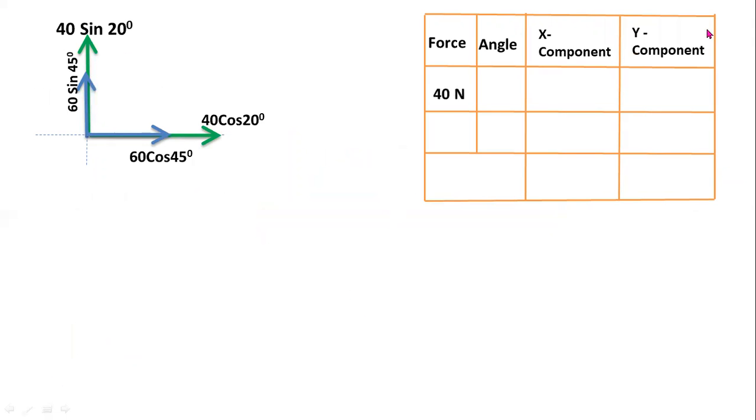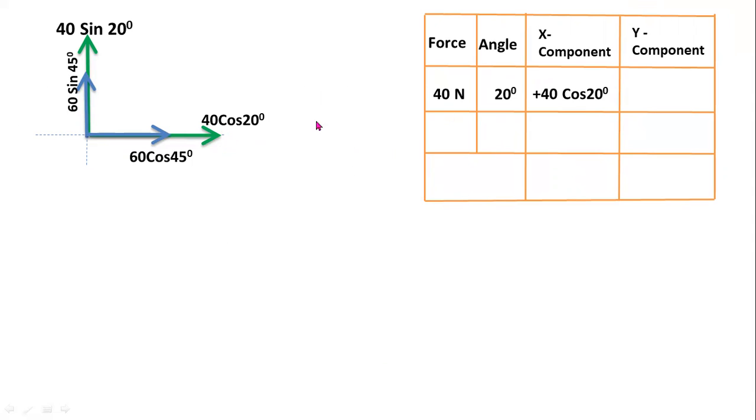Now after drawing the forces diagram, you have to convert all these forces into tabular form. So 40 newtons. Yeah, this is the x-axis, that means x component. So 40 plus 40 cos 20.